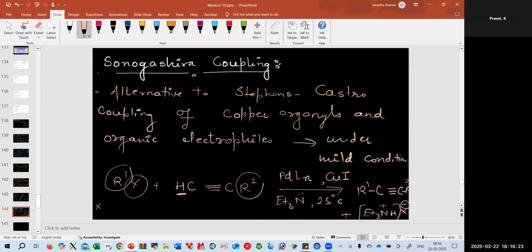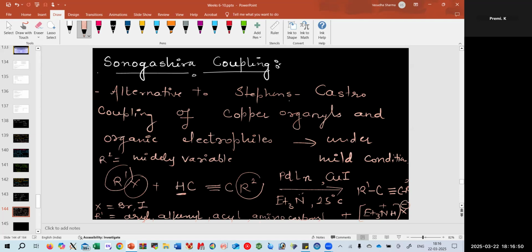Now here X is your bromine or iodine, R1 is your aryl group, that can be an alkyl group, it can be acyl, and it can be an amino acid. Any of these groups can be possible, and R2 is widely variable, which you can use. It can be alkyl, aryl, anything.